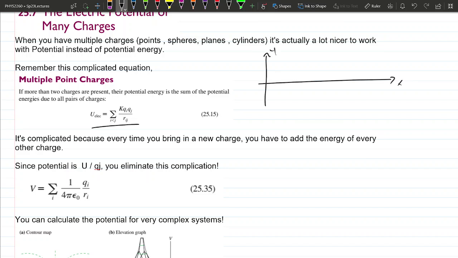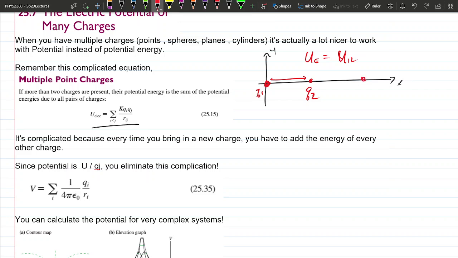But in general, you could have a three-dimensional situation where the first charge you get for free. The energy it takes to do that is free because there is no electric field opposing you. But once you get to charge number 2, you have one force to deal with, which gives you one term in the potential energy between charge 1 and 2, U12.